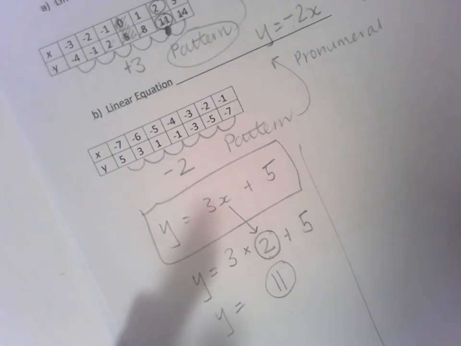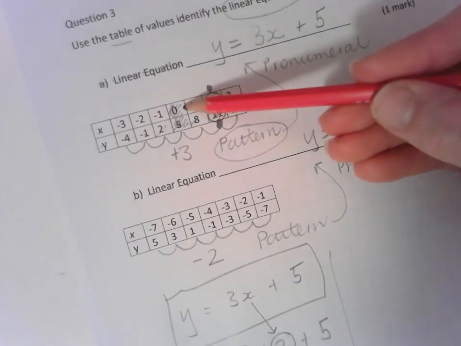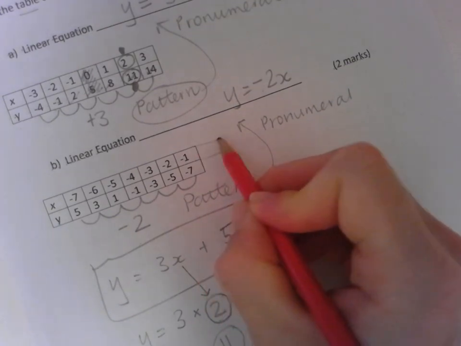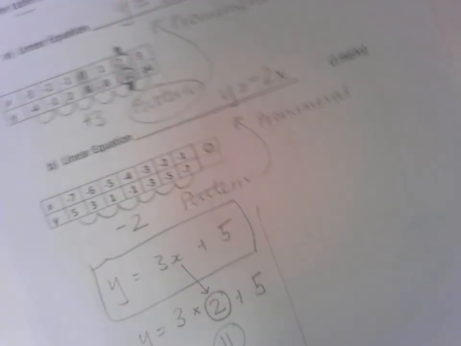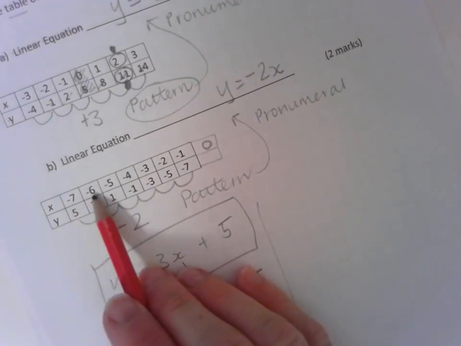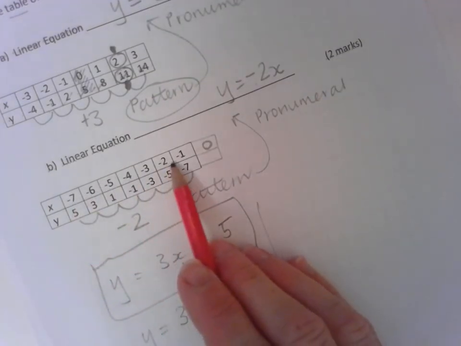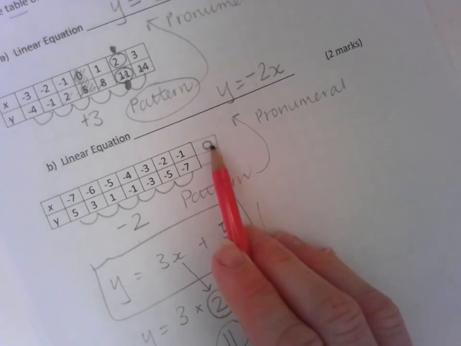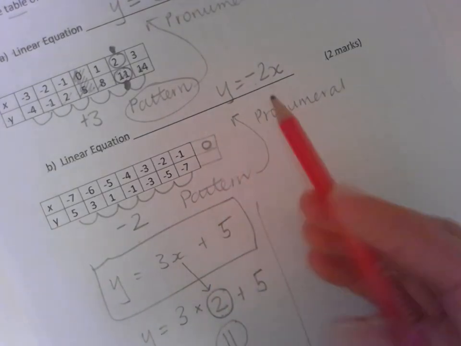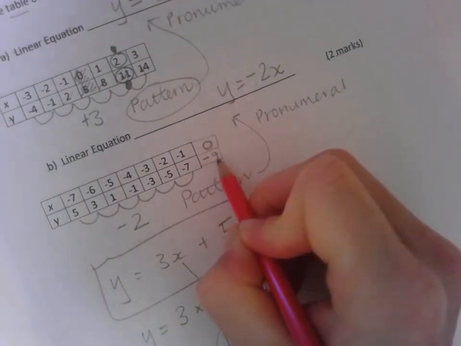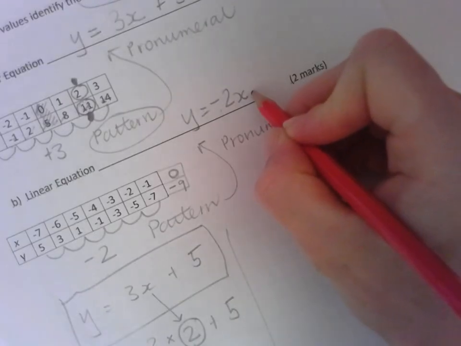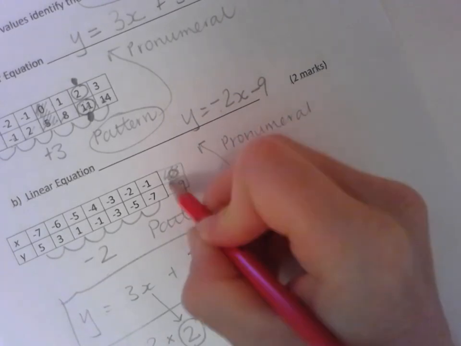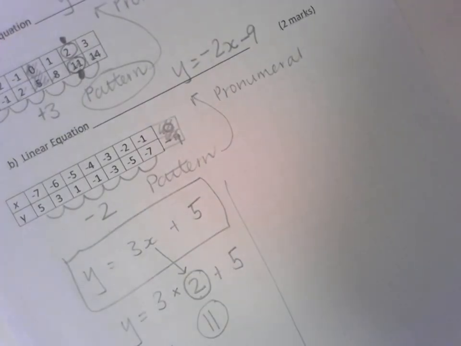Now this time we don't have that treasure box of 0 with a number underneath, so here you have to predict the treasure box. It's negative 6, negative 5, negative 4, negative 3, negative 2, negative 1, 0 would be the next one in the pattern, and therefore this would be negative 9. So the rest of your rule is take away 9, because of our magic treasure box.